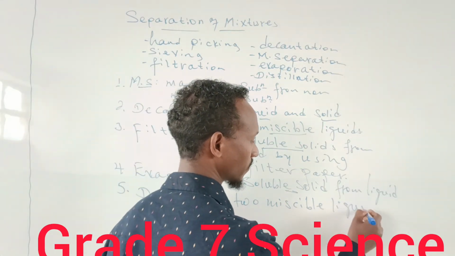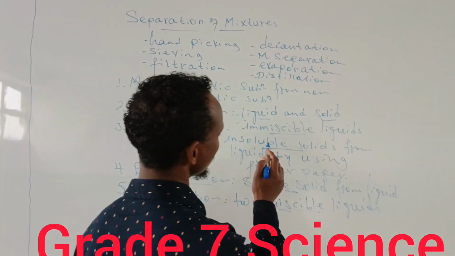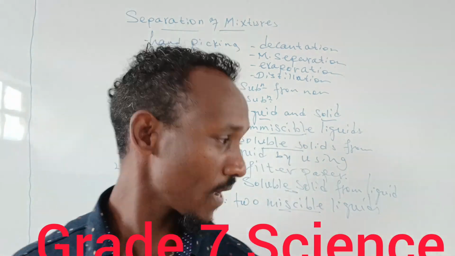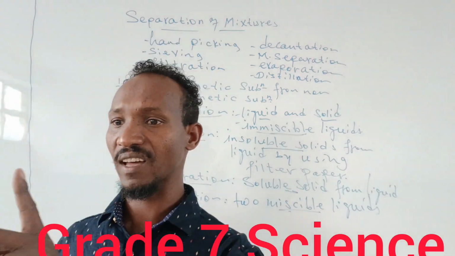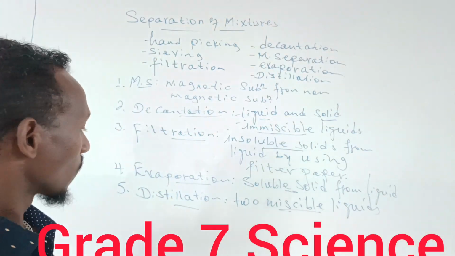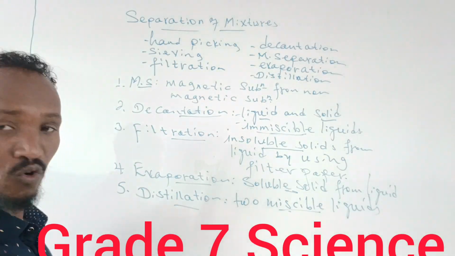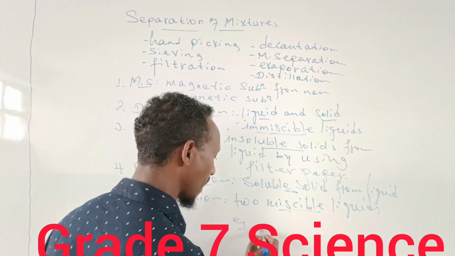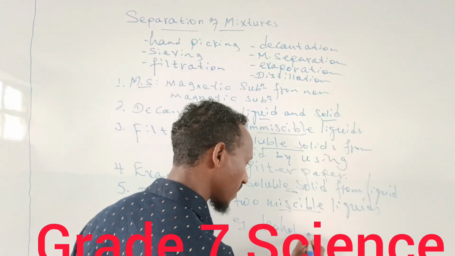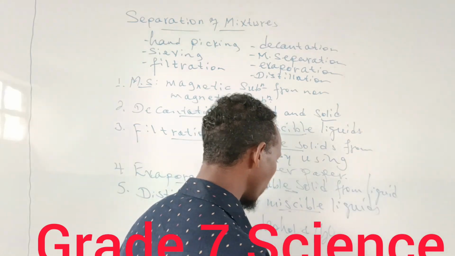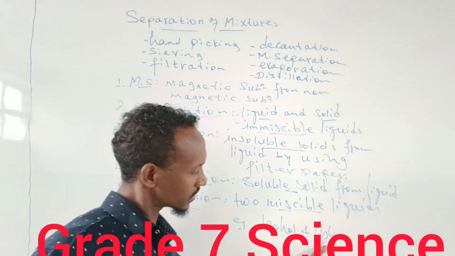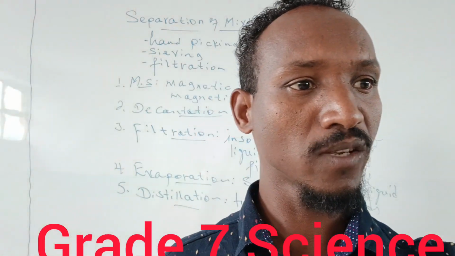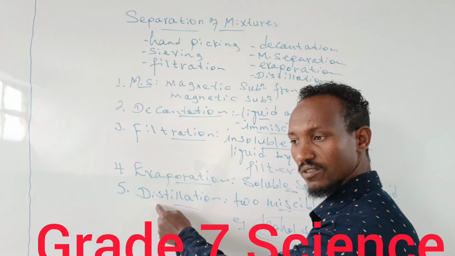Immiscible means two liquids which do not dissolve in each other, whereas miscible means two liquids that can dissolve in each other. For example, alcohol and water are miscible liquids. So, the mixture of alcohol and water can be separated by using distillation.